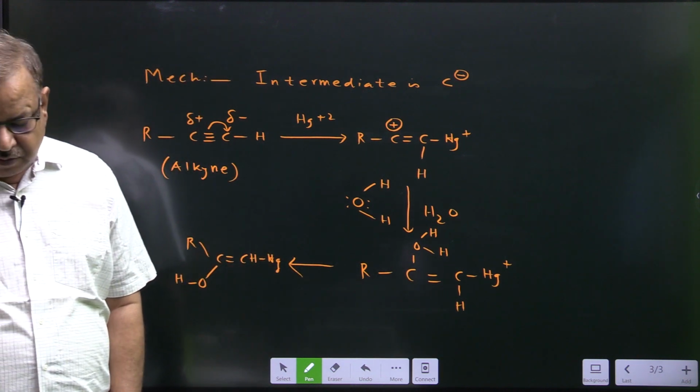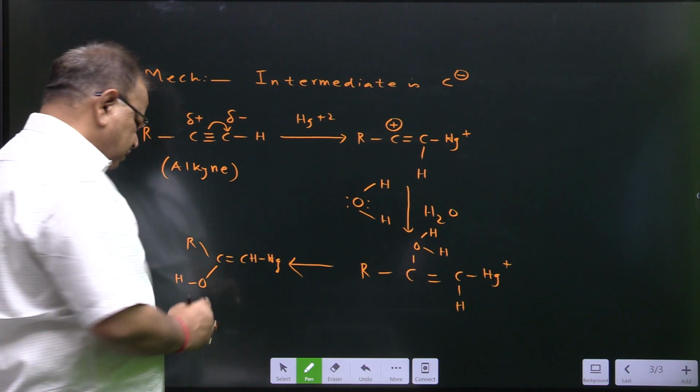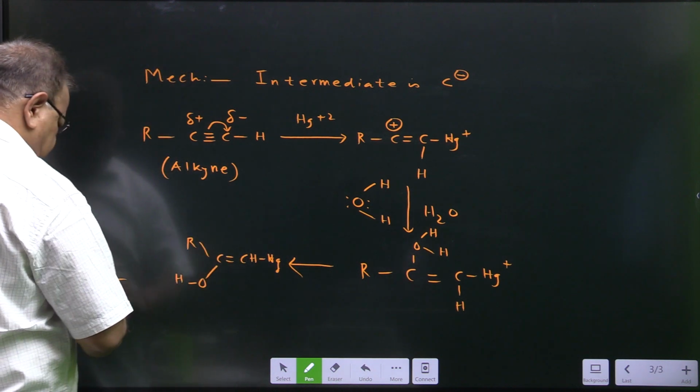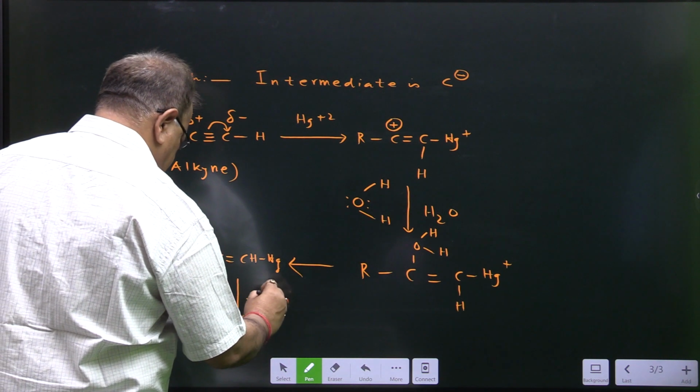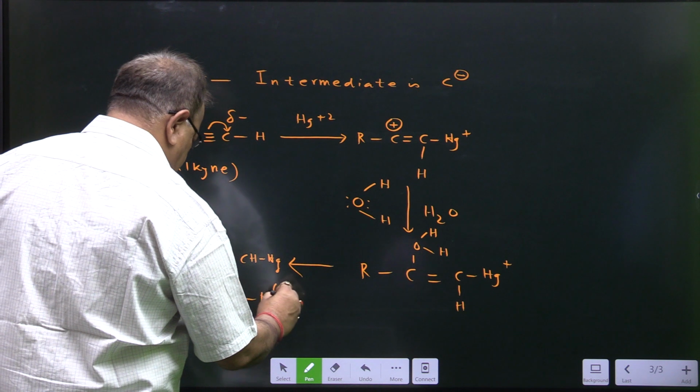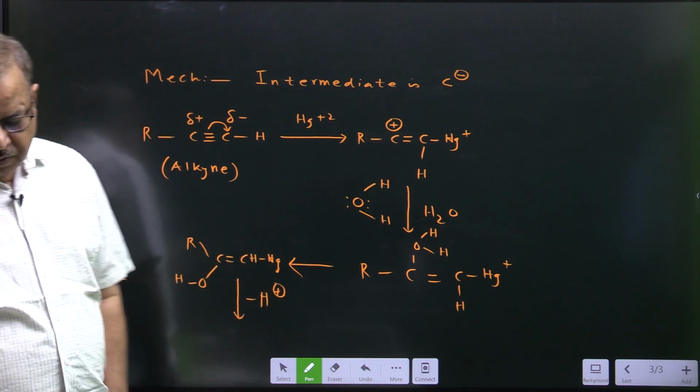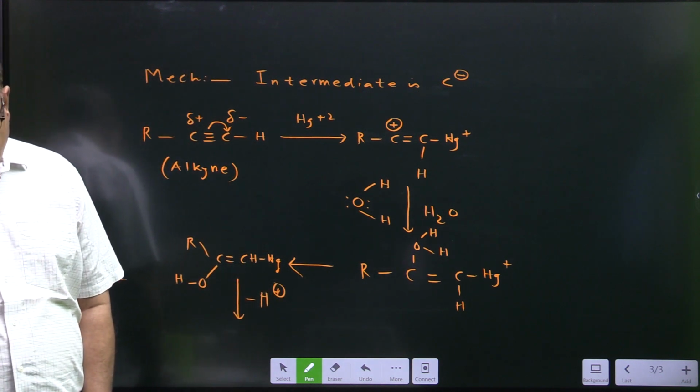Now finally what is going to happen? Due to loss of proton, minus H plus, we are getting its enol form.